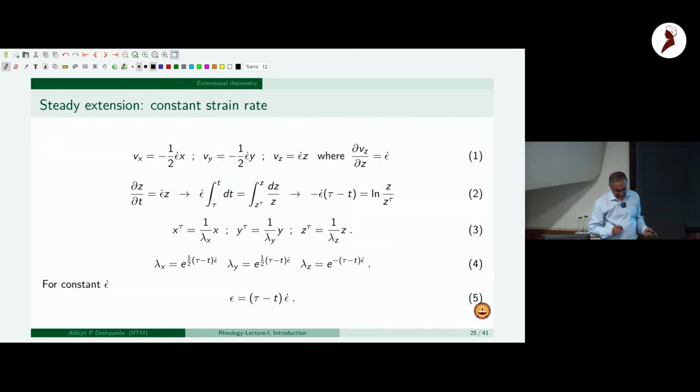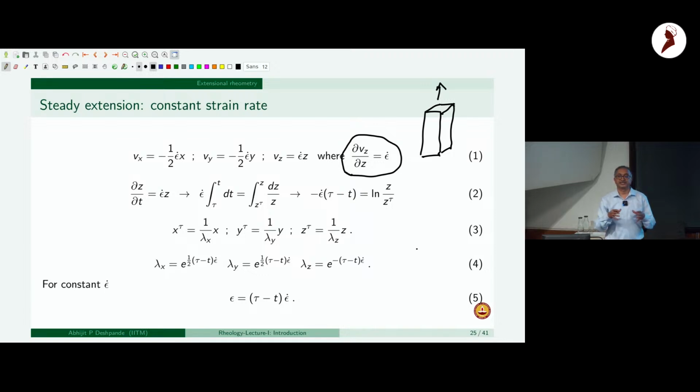Generally what you have is a constant extensional rate, so the velocity in the z direction is changing with respect to z. This is like a hypothetical cuboid of fluid which is getting stretched, right? It's shrinking in the x and y planes and stretching in the z direction, and the z direction velocity is epsilon dot times z.